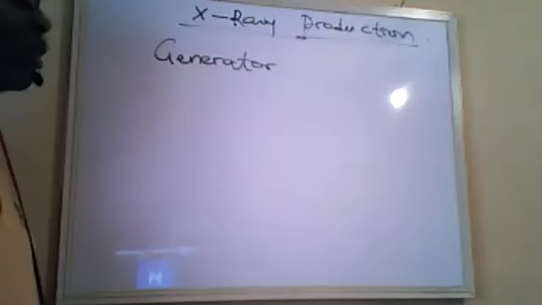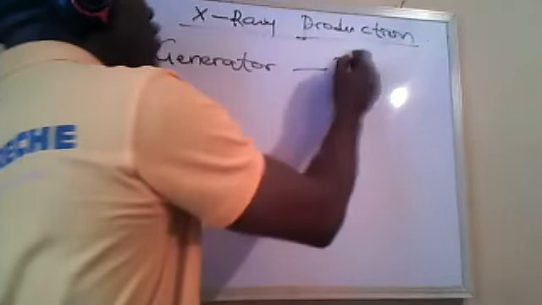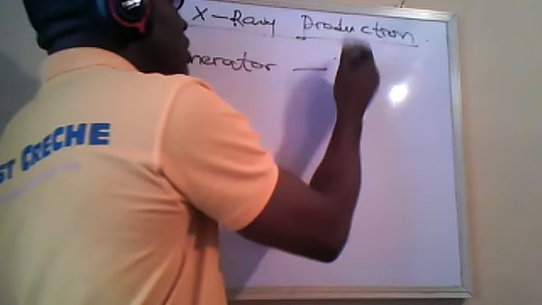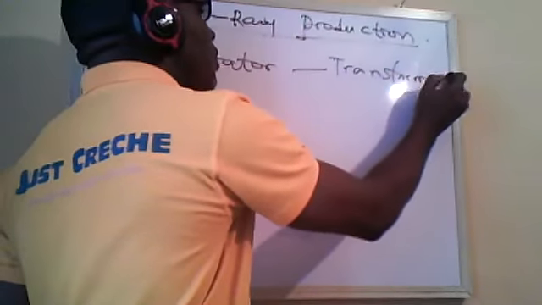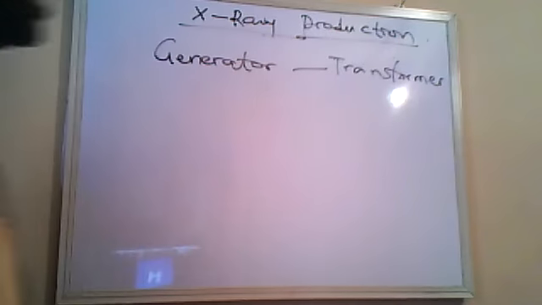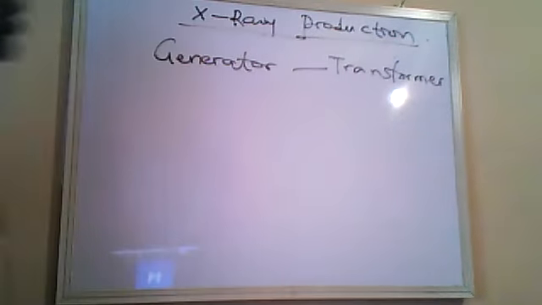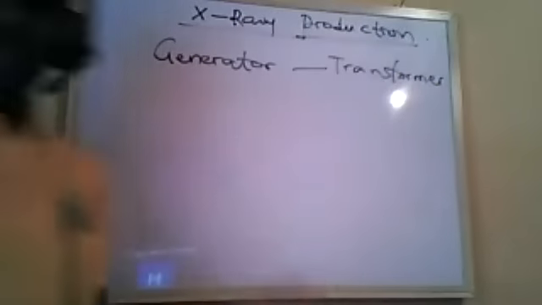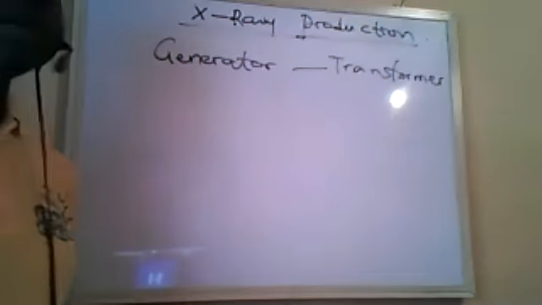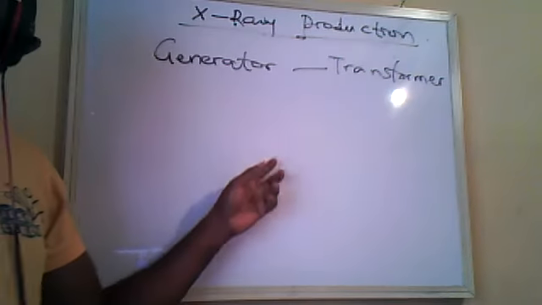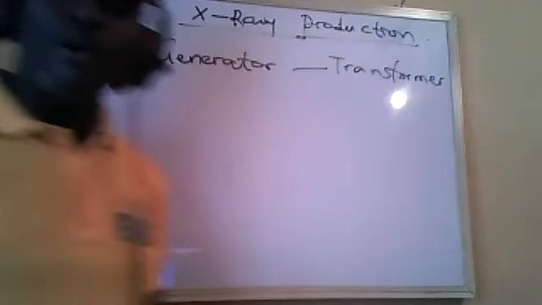And one of the major components of the generator is the transformer. Just from the name, transform, it transforms something into something. The transformer in the generator, like every other transformer, transforms the alternating current from one level to another.